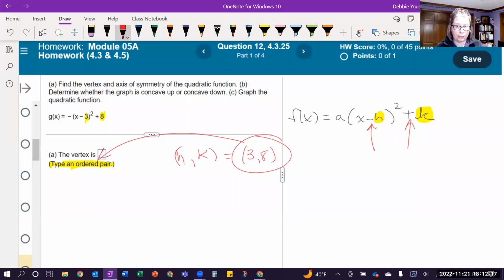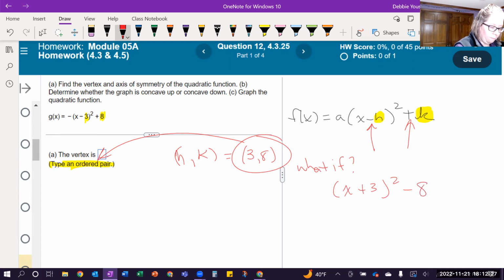Now, hypothetically, what if instead this was x plus 3 squared minus 8? And I'll even change my function name to h of x. What if it was that? Well, if that's the case, I have to be careful because I don't have the same signs as what the formula contains.